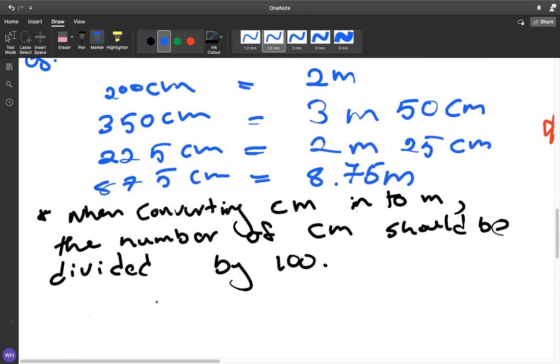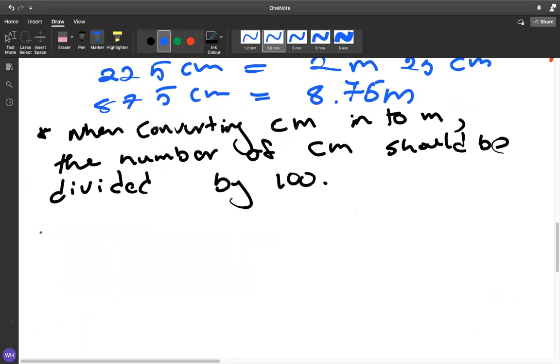Yes, sir. Good. Right. Then we'll go to another set of examples, like 4 meters to be converted into centimeters. Rifki, how many centimeters are here? 400 centimeters, right?